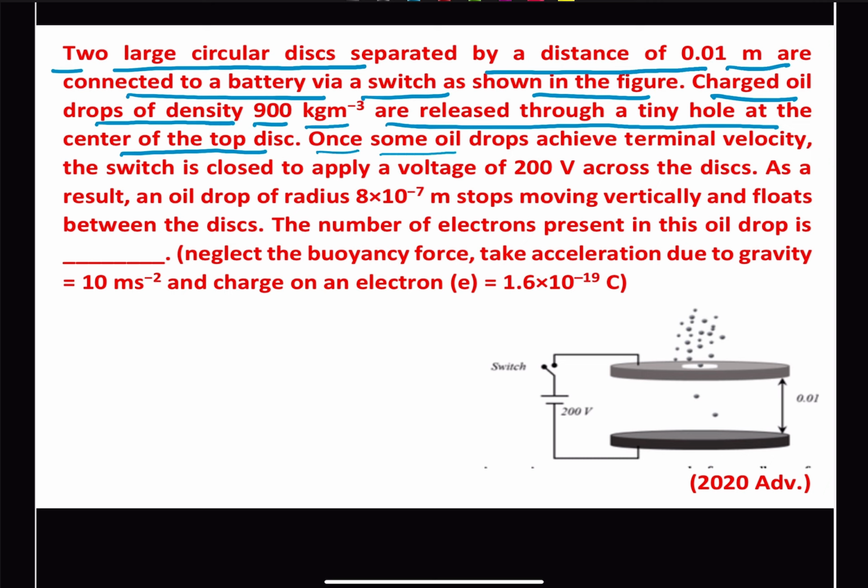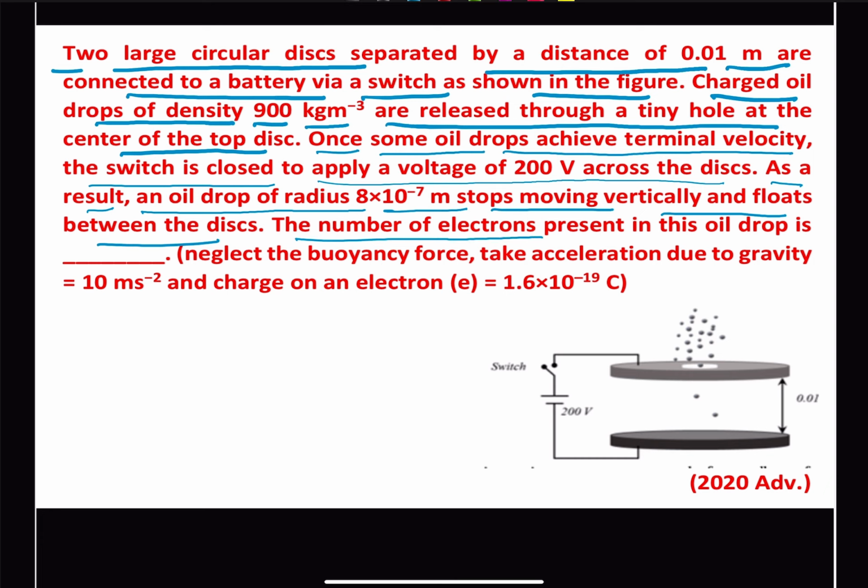Once some oil drops achieve terminal velocity, the switch is closed to apply a voltage of 200 volt across the discs. As a result, an oil drop of radius 8 into 10 to the power minus 7 meter stops moving vertically and floats between the discs. The number of electrons present in this oil drop is? Neglect the buoyant force, take the acceleration due to gravity as 10 and the charge on electron as 1.6 into 10 to the power minus 19.